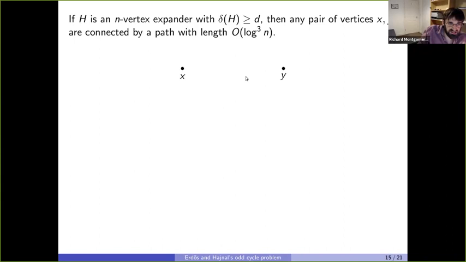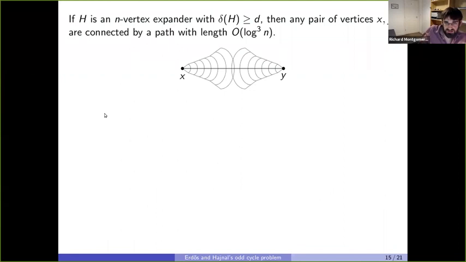And this is exactly what you expect to do. We take X and Y and we use our expansion condition. Well, we first use our minimum degree condition. Then the minimum degree condition means that if I expand this little set here, then it satisfies the lower bound in the condition for expansion. So we can start expanding, and we can expand, and then eventually these wizard hats of expansion will intersect, and then I find a short path between these two vertices.